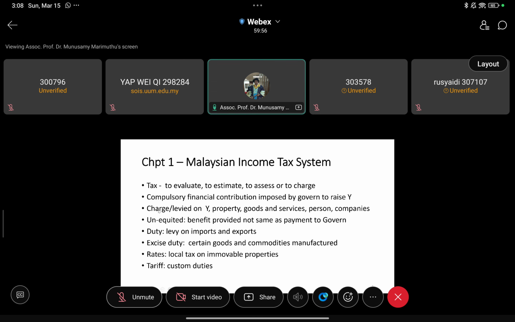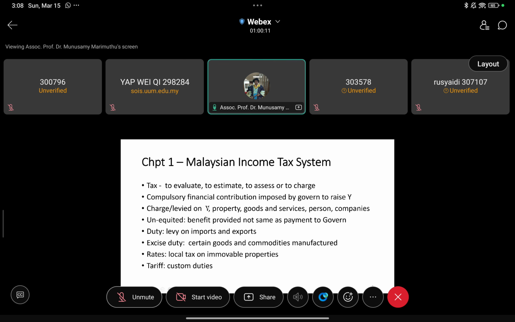So look at the words charge or levy. Both are the same. In Malaysia, tax can be charged on your income. The moment you get a salary, if you are earning more than 3,000, there will be some tax on that.